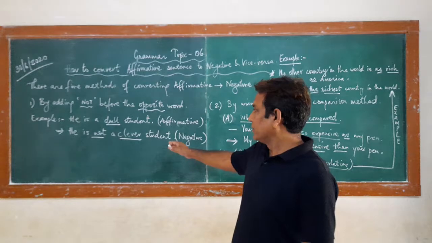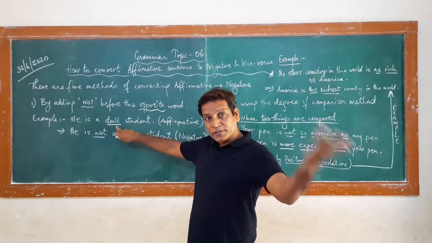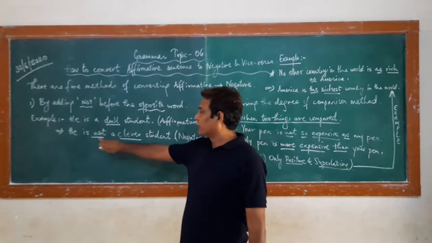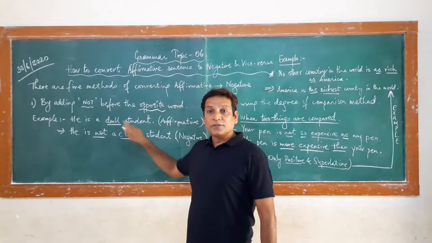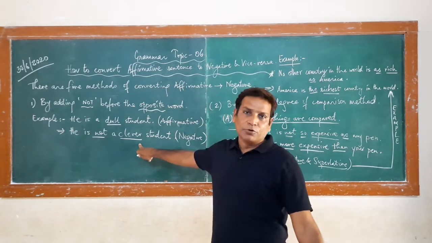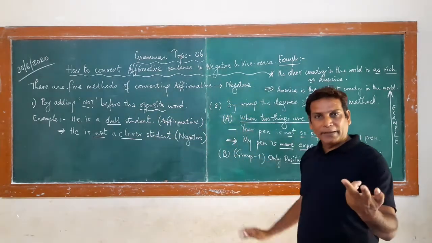So in the first method, as I said, wherever you can apply opposite words, you can use them, and just before that you add not. This is the simplest form of transforming affirmative to negative sentence. Now we go on to the second method.